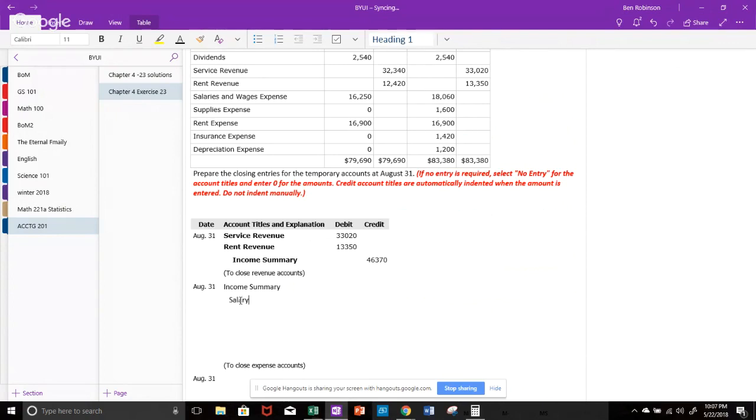The first one is salary and wages expense that we're crediting, 18,060. That's the second from the last in the right column there. Next, we have supplies, and 1,600.